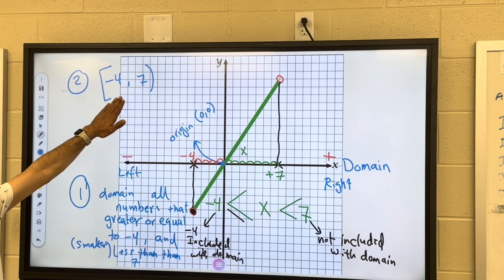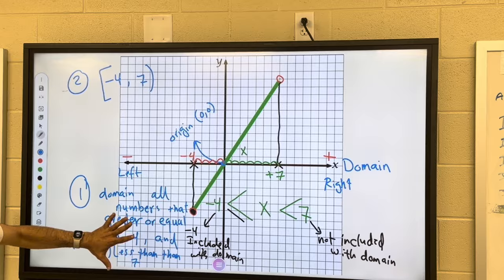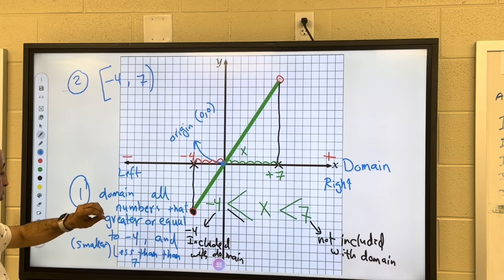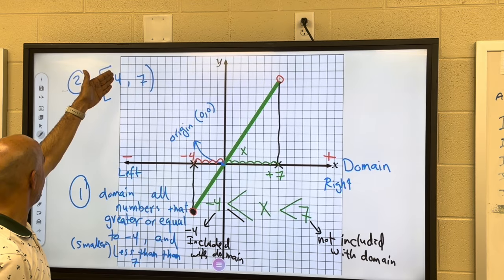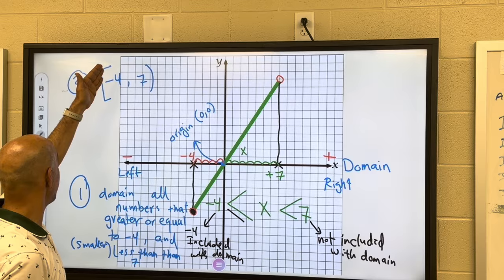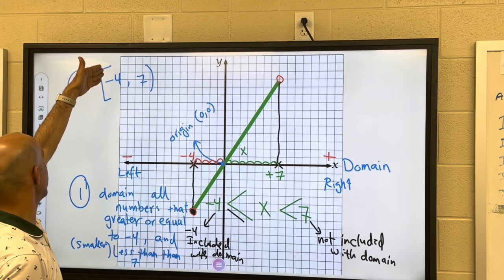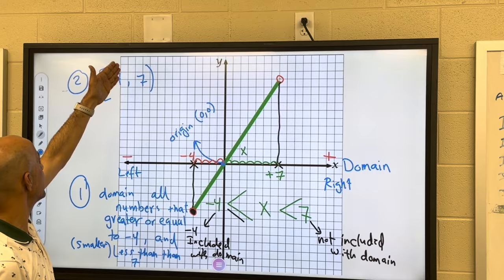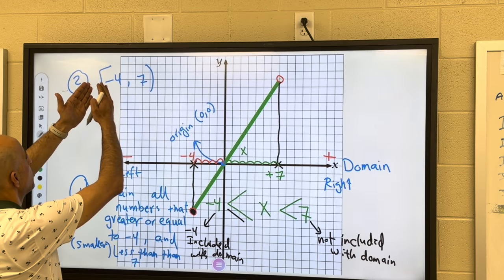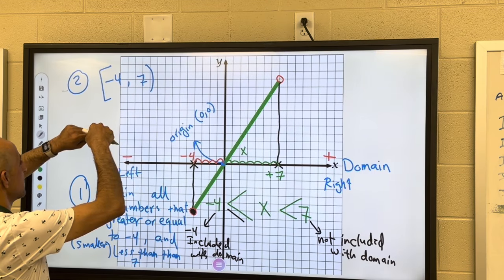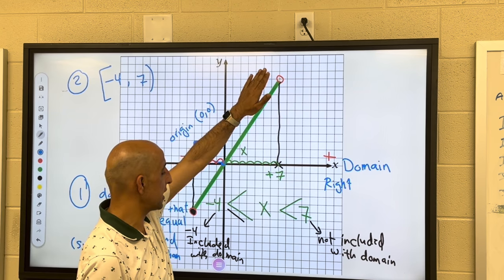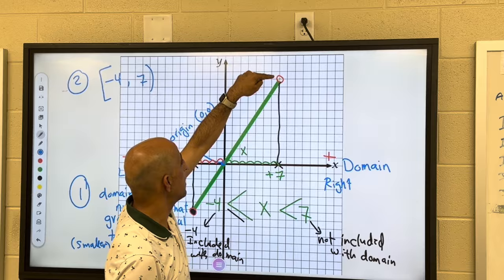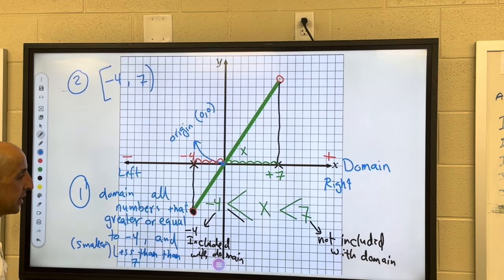I can read this domain the same as I read the domain here. So the domain is all numbers that are greater than or equal to -4 and less than 7, or all the numbers between -4 and 7, but we take into consideration that -4 is included because of the filled circle, and 7 is not included because it is an empty circle, or not filled circle.